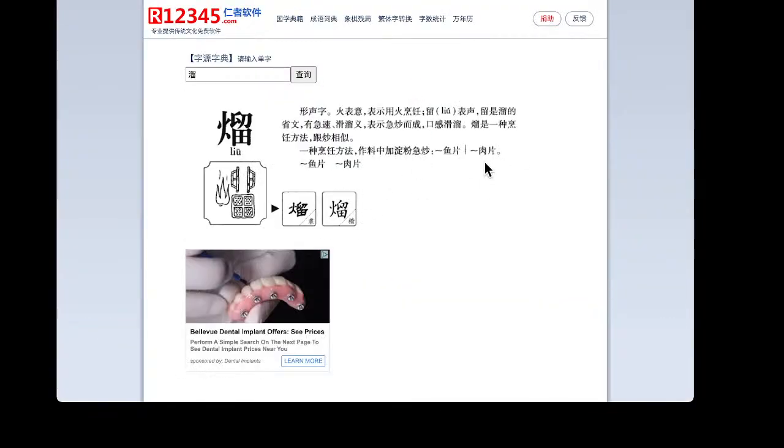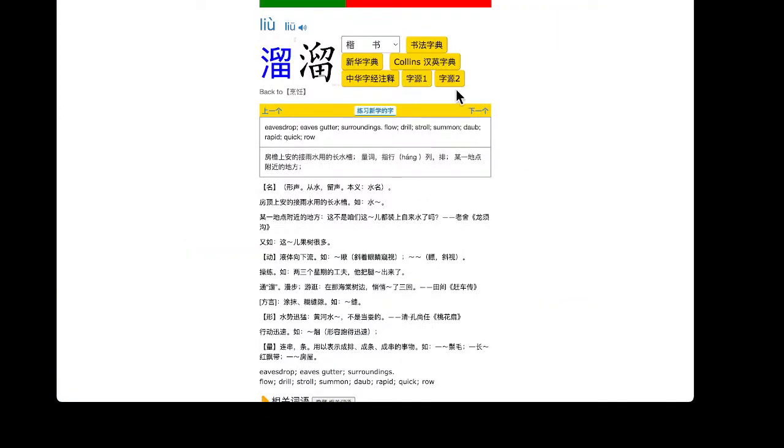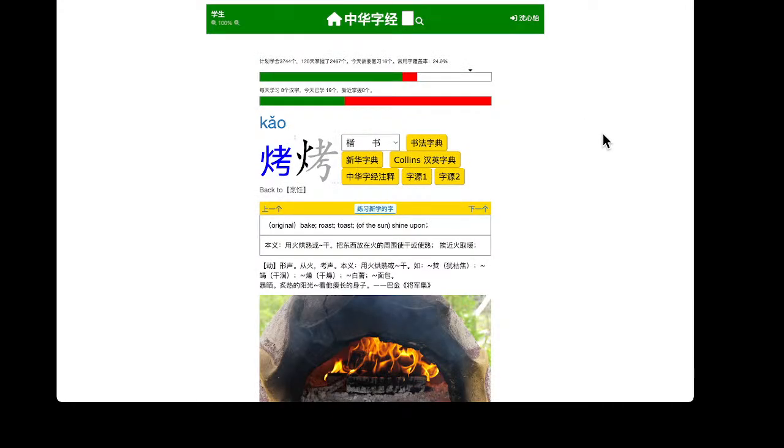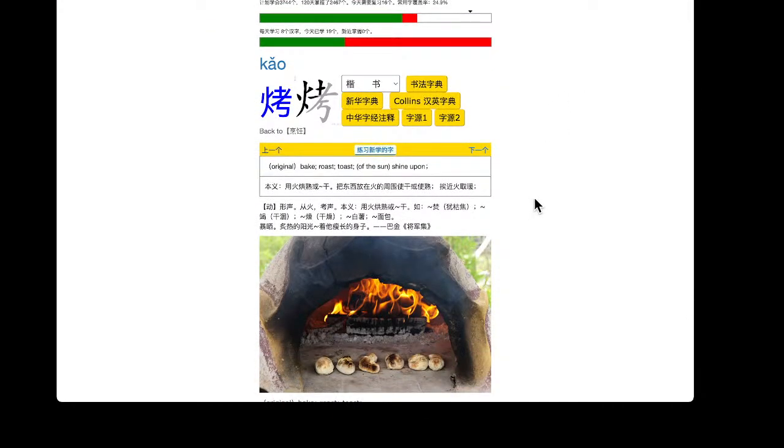Now we already looked at that. Next one, 烤. 烤 is bake, roast, toast, and also means like you are getting a lot of sunshine under the sun. It's like you're baking under the sun.